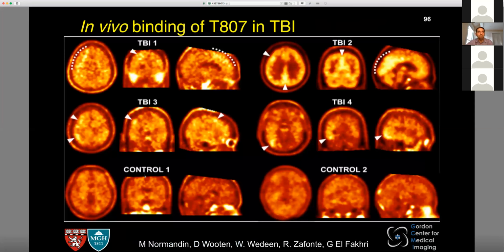All right. And the last example I'll show you is from subjects who play contact sports, like football players. What I'm showing you here is a signal from tau that shows traumatic brain injury in areas of uptake where there's been injury, versus normal controls, where there's no uptake.